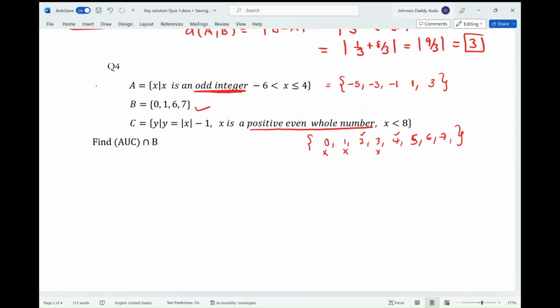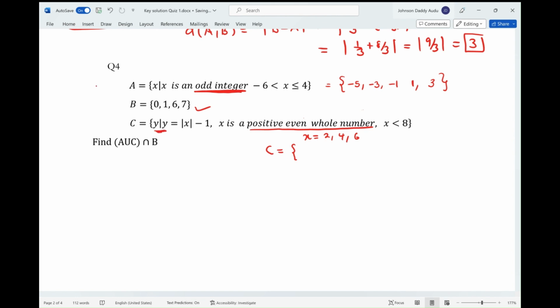We cannot take 0 because 0 is a whole number, it's even, but it's not positive. So it means x can only be 2, 4, and 6. But if you look at set C, it is not asking for x. It's asking for y.